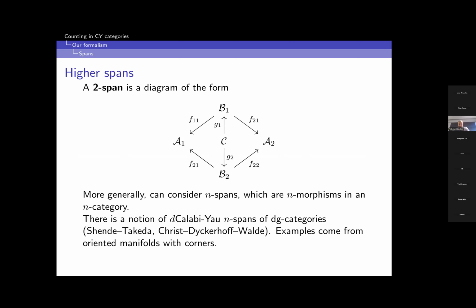And there is a similar story for this, which generalizes that old story to relative, to say cubic diagram of algebras and so on, so on, so on.